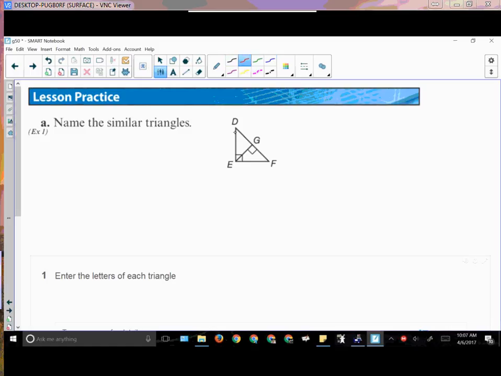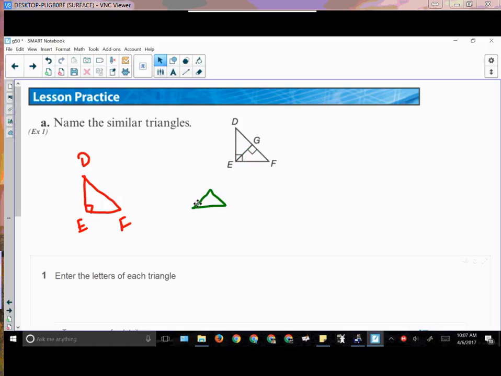So the first triangle that I've got here, triangle 1, I've got D, I've got E, right angle, and I've got F down here. Now I have another triangle here, and that is going to be E, G with the right angle there, and F down here.